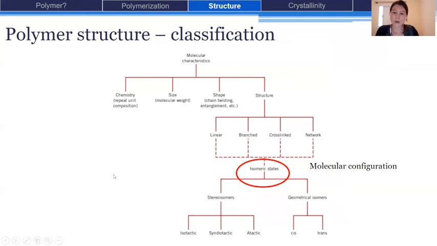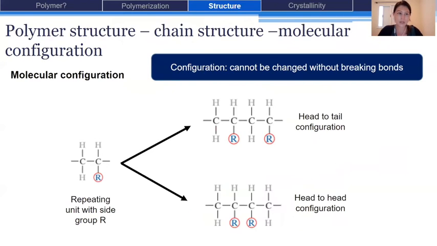So now let's talk about polymer configuration or isomeric states. When we talk about molecular configuration, we are talking about the arrangement of repetitive units along the polymer backbone, which cannot be changed without breaking the chemical bonds.